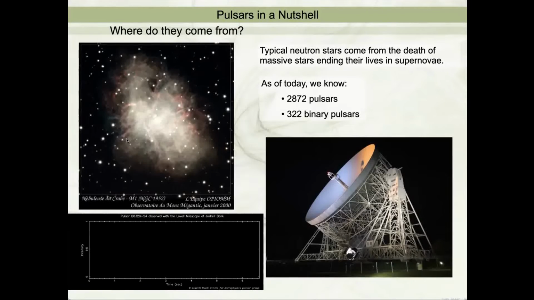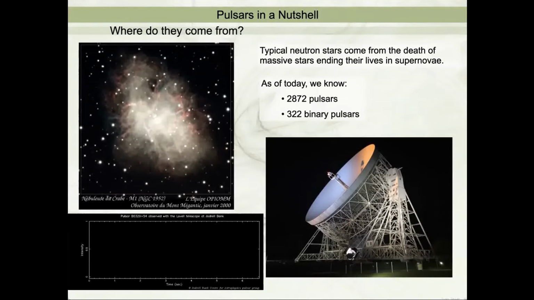But the core of the star, where the nuclear reactions take place during the normal life of the star, that core, which is probably similar in size to the Earth, then when the star explodes, the core shrinks until it reaches about 10 kilometers.